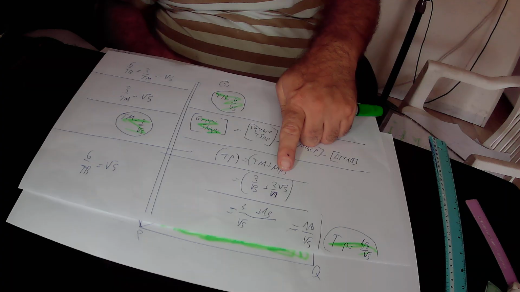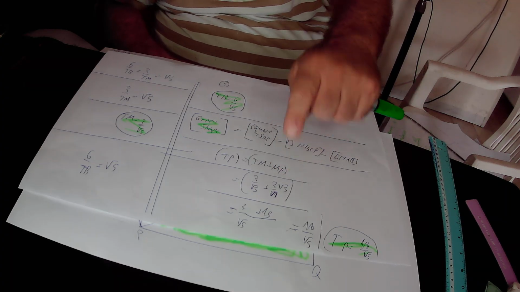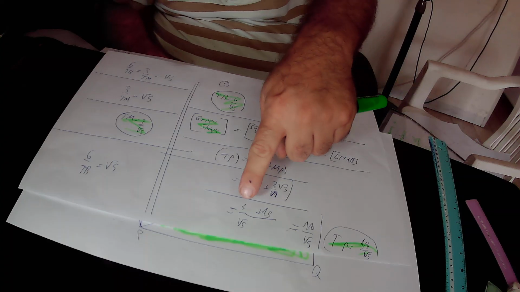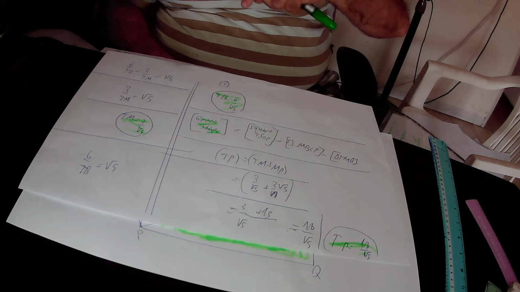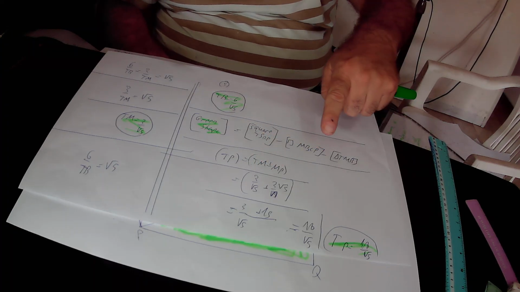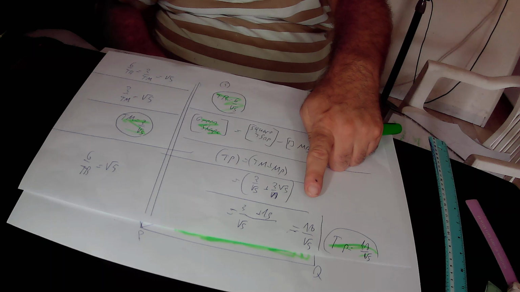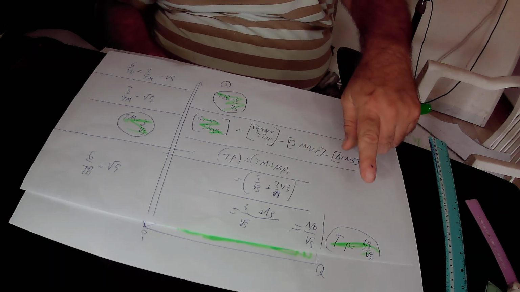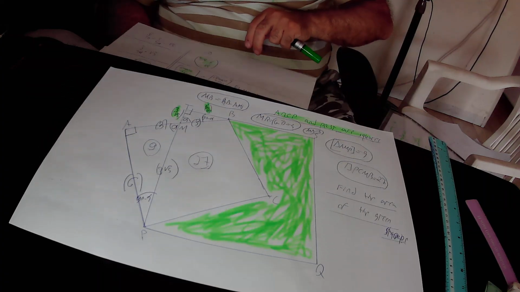Square root of 5 times square root of 5 is 5, and 5 times 3 is 15. So we have 15 divided by square root of 5. In total, the length of side TP is 3 plus 15, which is 18 over square root of 5. So TP equals 18 over square root of 5 units in length.